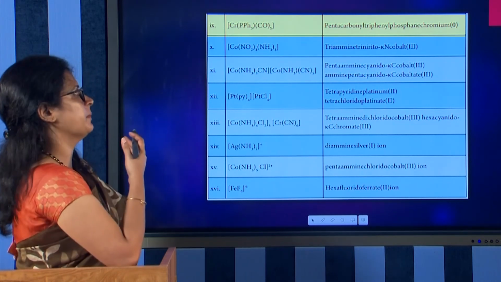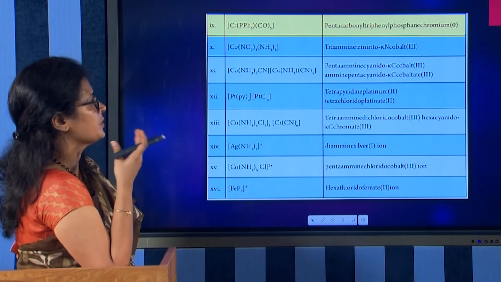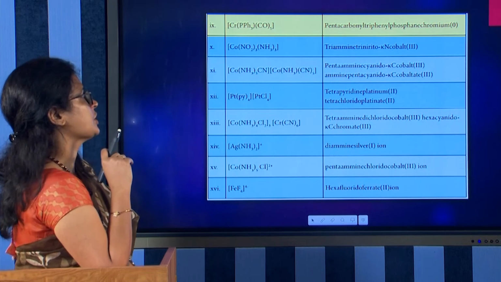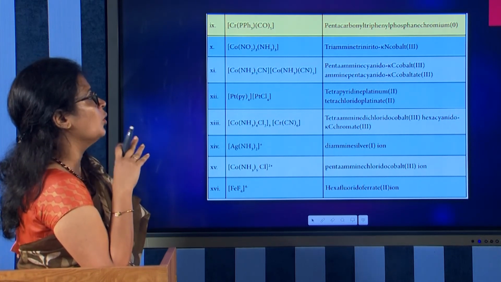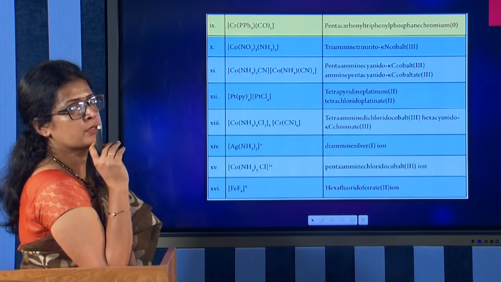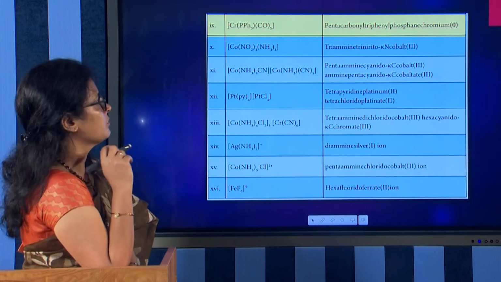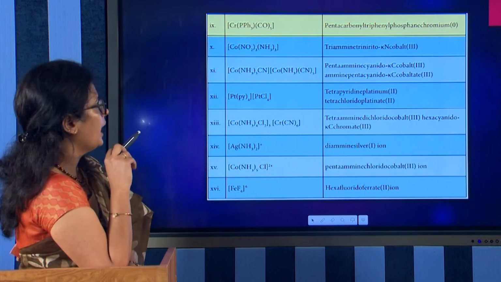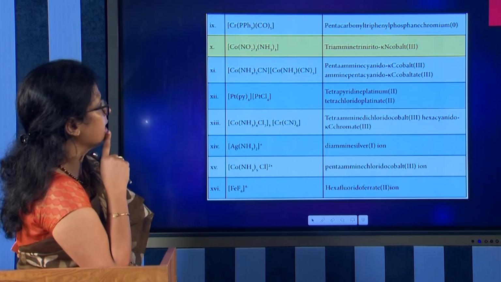So, pentacarbonyl triphenyl phosphine chromium 0, because chromium is having an oxidation state of 0, because both the ligands are neutral ligands, or they are having a charge 0, that is why chromium is having an oxidation state of 0.